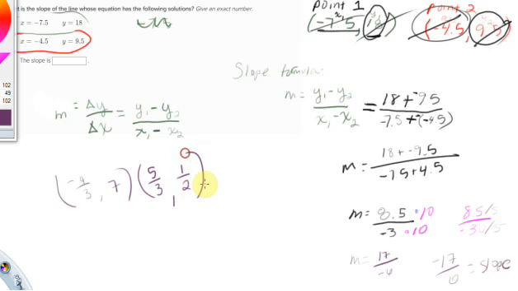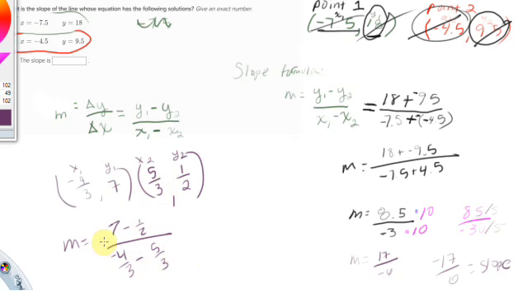In this case, everything still applies. We'll still have our x1, y1, x2, y2. So we'll take m equals 7 minus 1/2 over negative 4 over 3 minus 5 over 3.